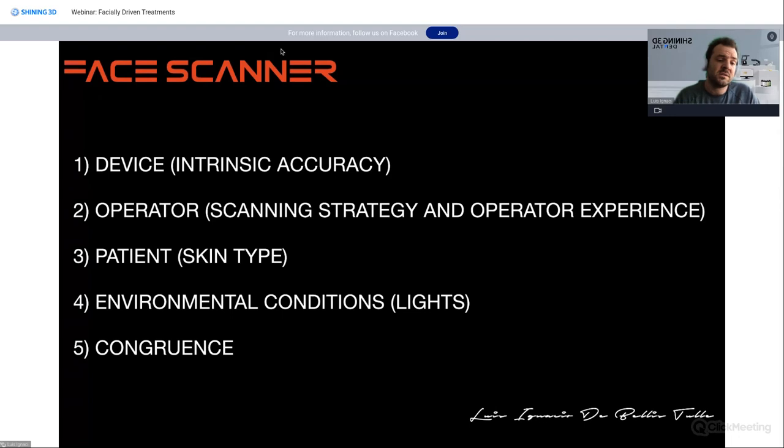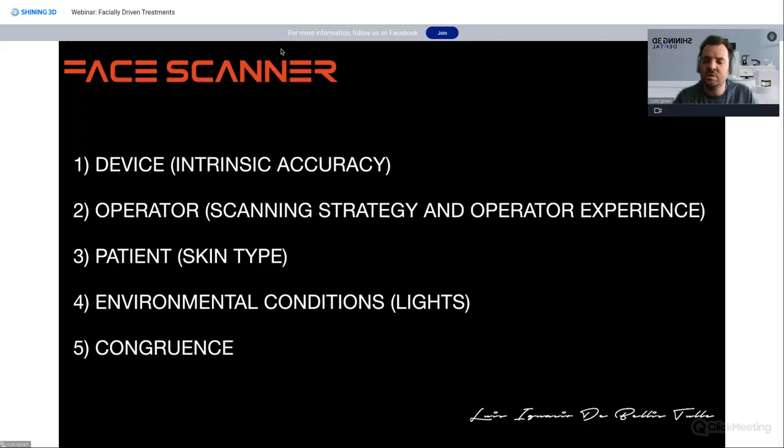The third point is skin type. There are patients that have glossy, shiny skin, and those are difficult patients to scan with your facial scanner. You have to take care of the environmental conditions like lights.